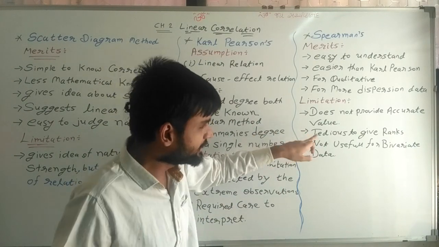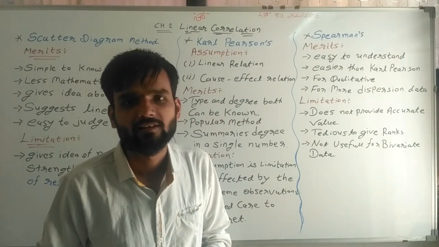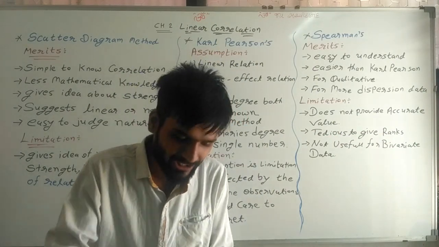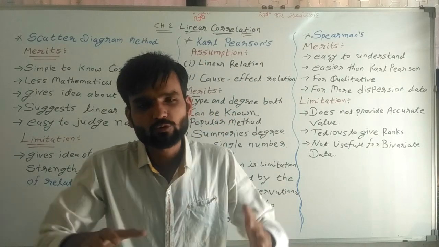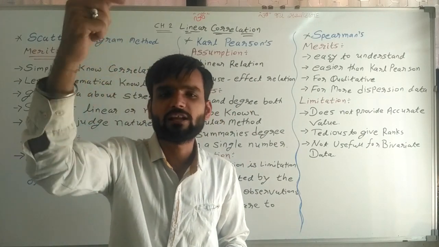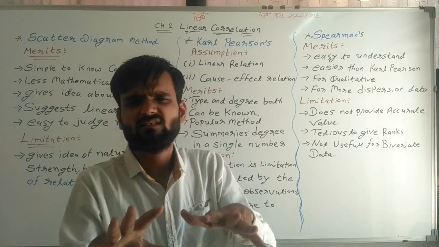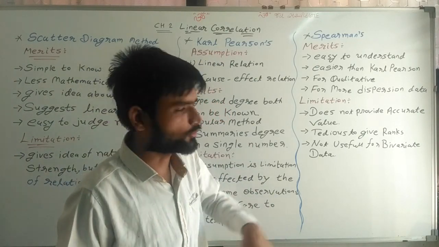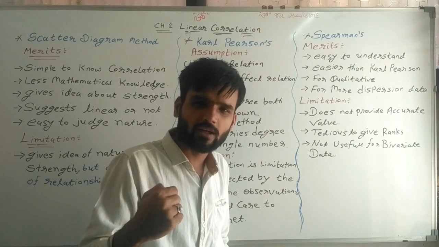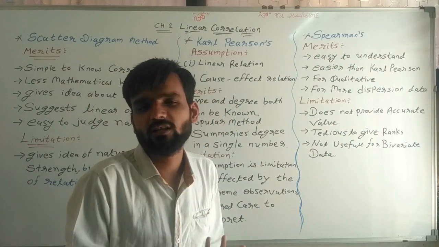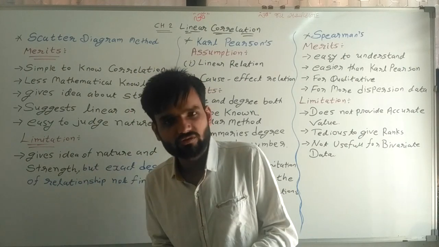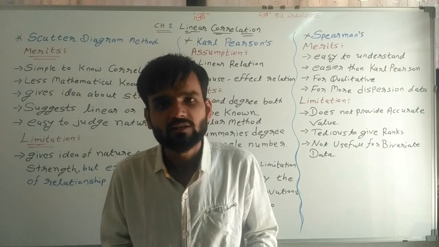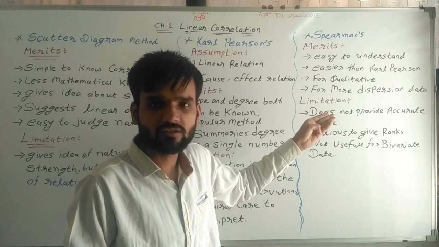Same way, second, it is tedious to give ranks. Giving ranks is tedious work. Suppose 100 students are there; we need to give ranks, and the work is very tedious. So it is a limitation. But even so I suggest it is not a limitation. Why? In attributes, we cannot find relation, and this is the method where we can find relation.